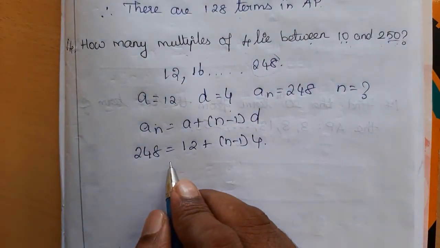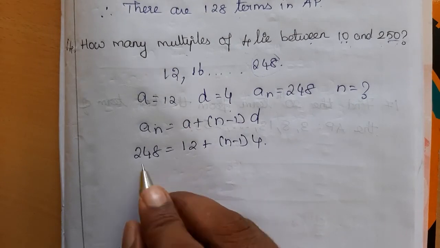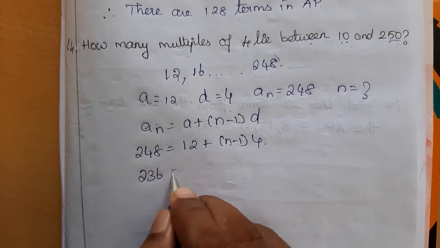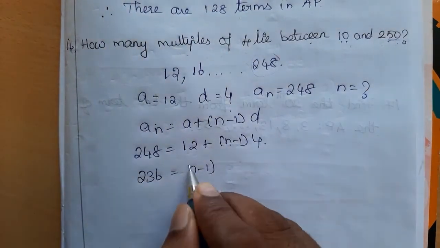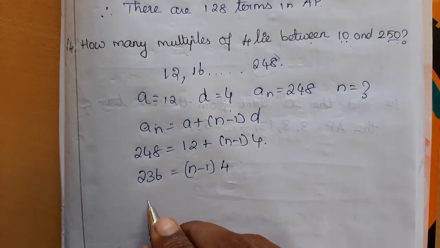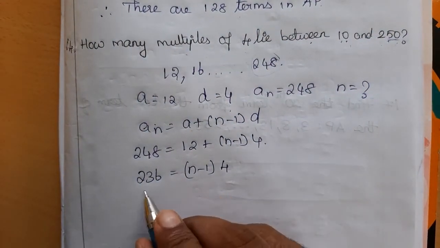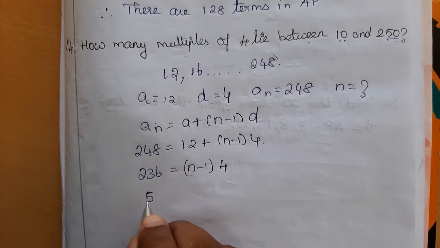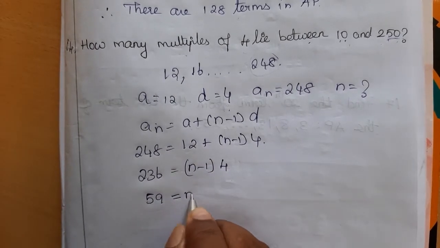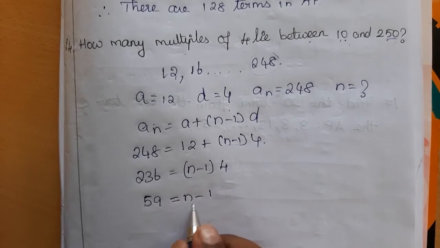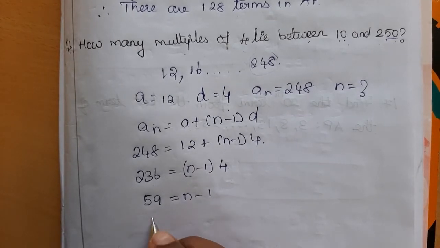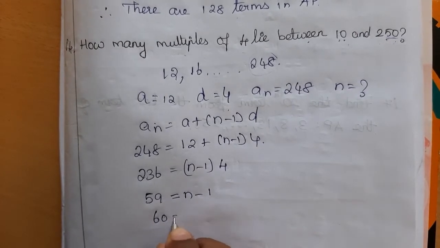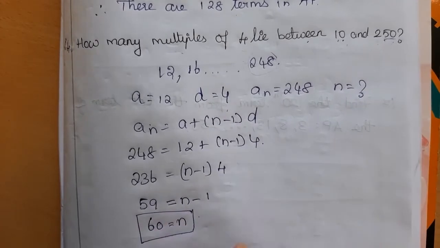If you bring this over, it will be subtracted and become 236 is equal to n minus 1 into 4. 4 will be divided, 236 divided by 4 is 59. So 59 is n minus 1, and if you bring minus 1 over it becomes plus 1, so it will become 60. So n is equal to 60.